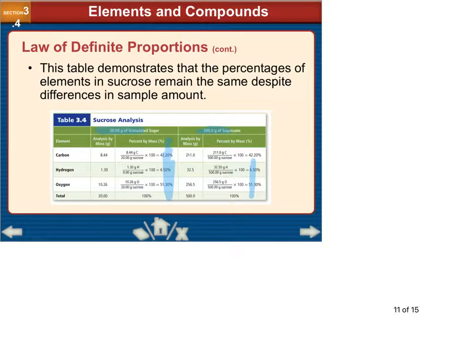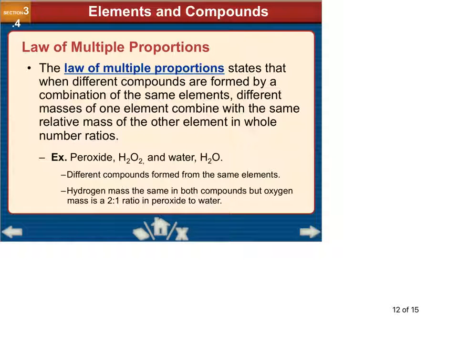We get the same percentages. Well, multiple proportion states that certain elements can form more than one compound. Shorten it down what they said. But there's your definition. So we can have water, H2O, but we have something called peroxide or hydrogen peroxide, H2O2.